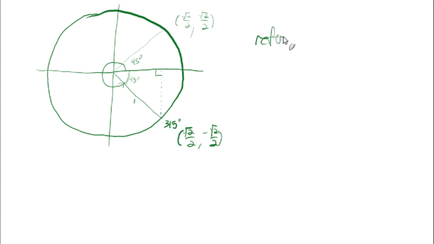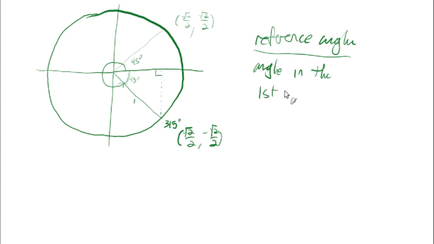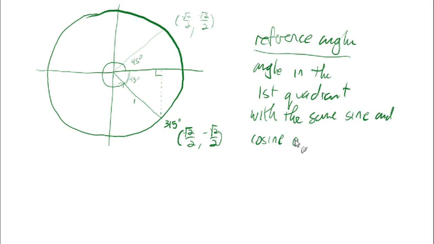A reference angle is an angle in the first quadrant with the same, let's say, sine and cosine of your angle, the angle you're looking at, except for the signs.